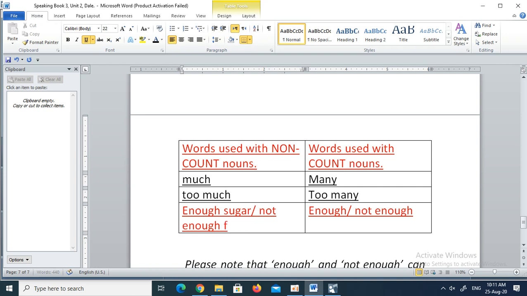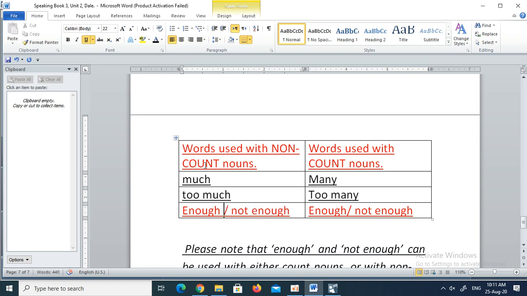We can say not enough food. So enough and not enough can be used with non-count nouns. But they can also be used with count nouns. All right. The words we can use with count nouns are many and too many, enough and not enough. But remember, enough and not enough can be used with non-count nouns also.